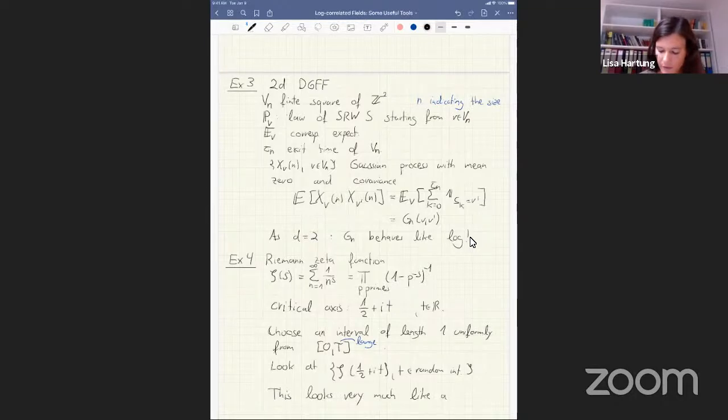So this looks very much like a log correlated field, even though the only randomness I've put in is the choice of this interval and where exactly I look at this function.